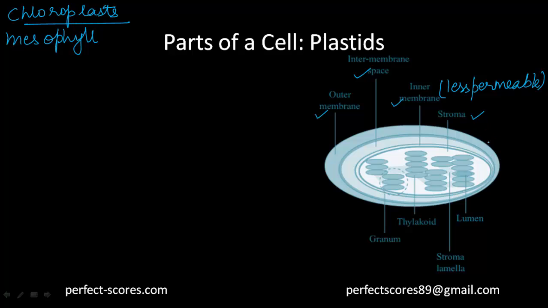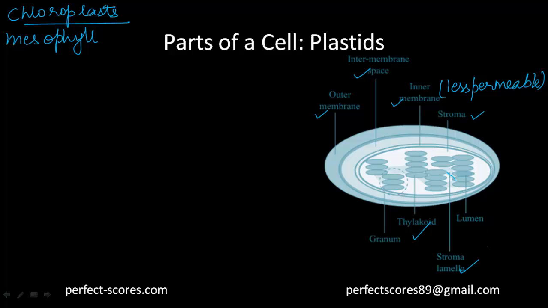In this stroma, you can see a number of flattened sacs called thylakoids, stacked one above the other, and each stack or each group is known as a granum. Now these thylakoids are arranged like piles of coins, and in addition there are some kinds of tubules called stroma lamellae that connect the thylakoids of different grana.